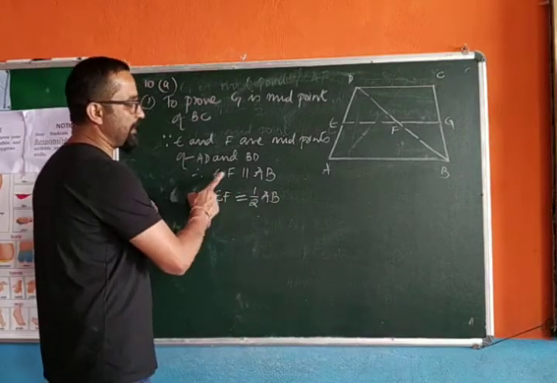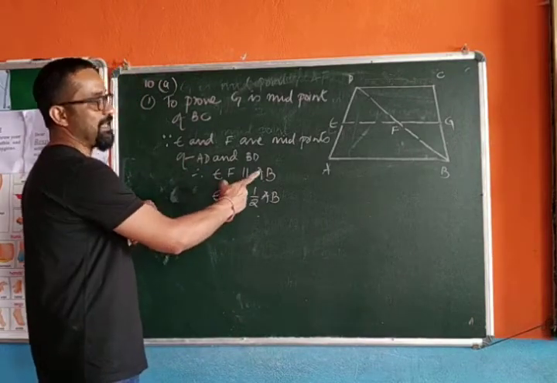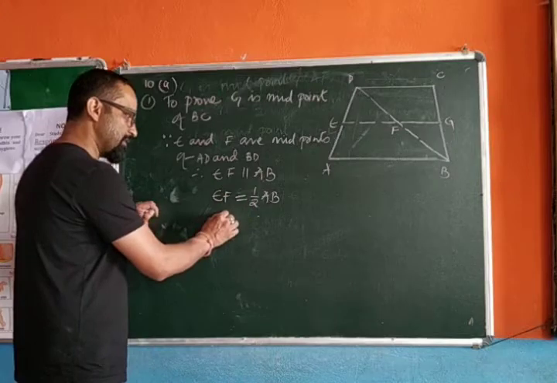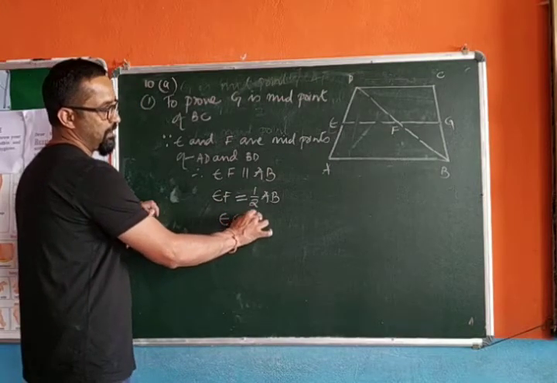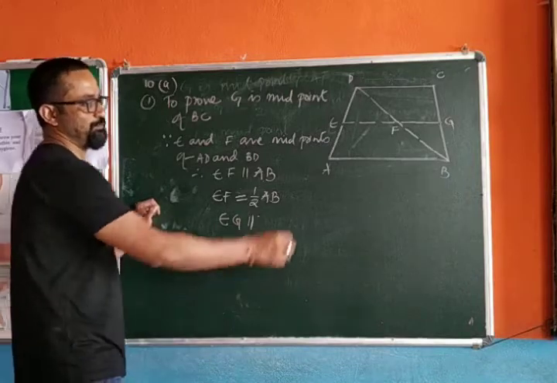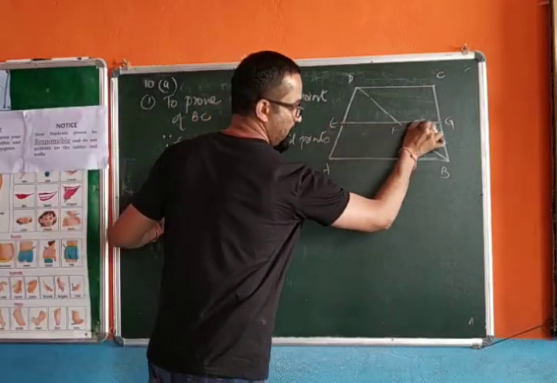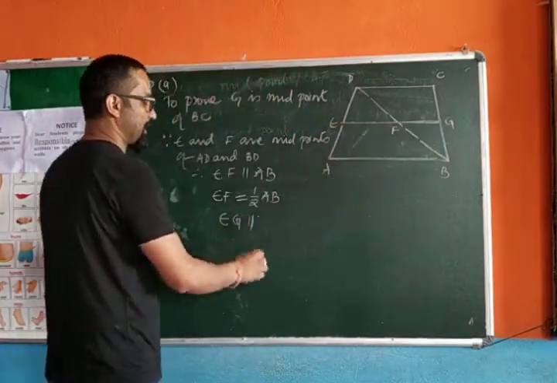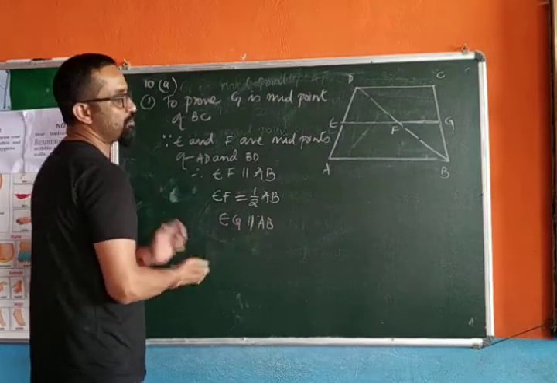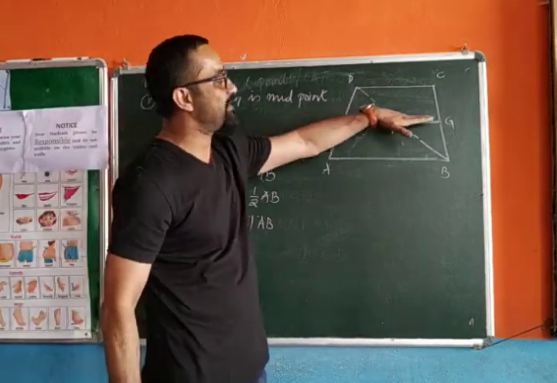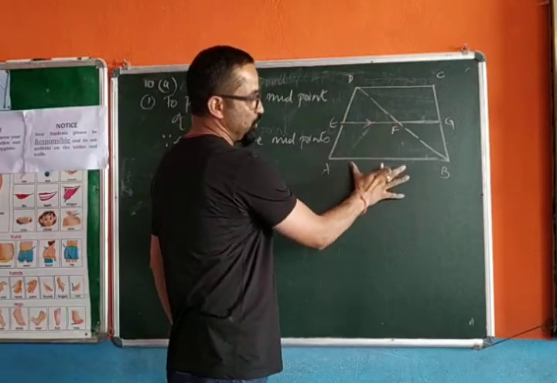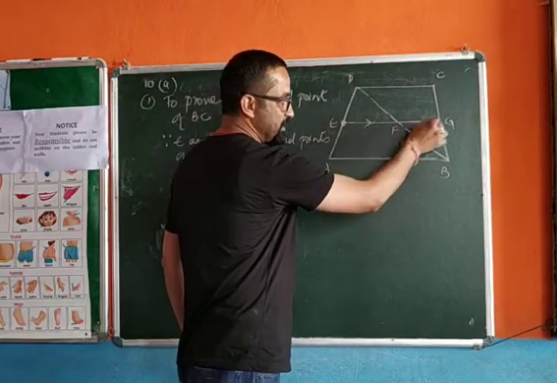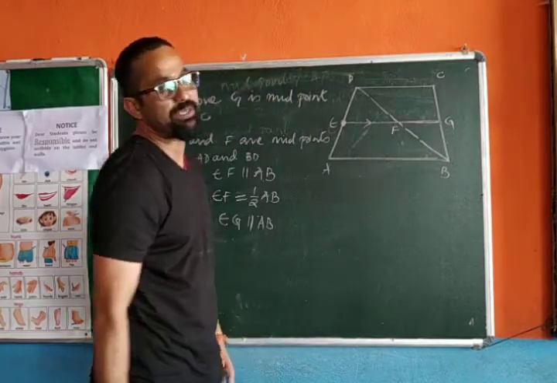So since EF is parallel to AB, similarly we can write EG is parallel to AB because the same line is extending. EF is parallel to AB, so this EG will be parallel to AB.